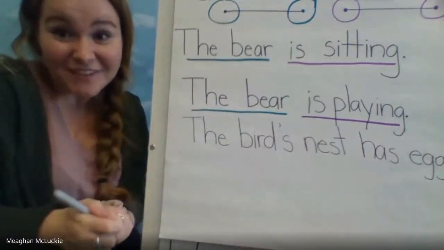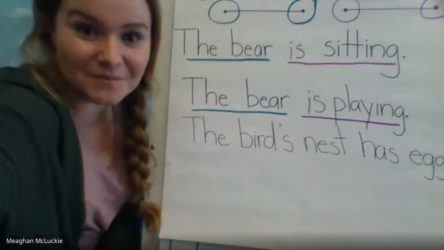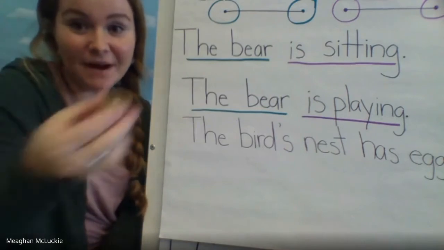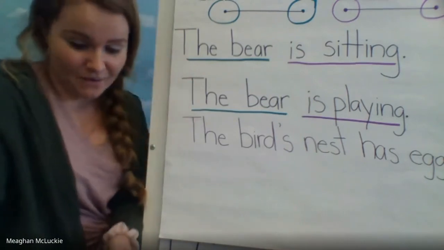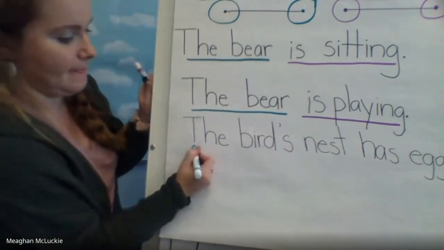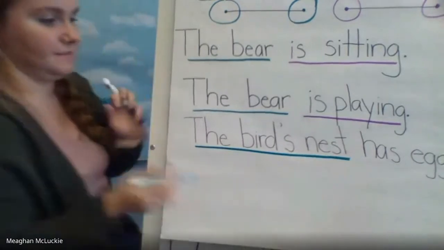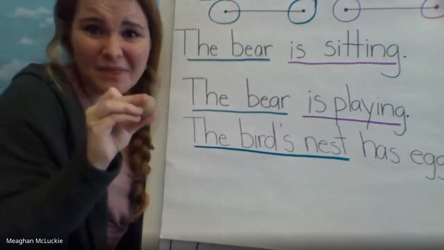All right, now I'm going to show you my naming part and my telling part. My naming part is telling me the who or the what I'm talking about. So I'm talking about the bird's nest. That's what I'm naming, the bird's nest. Now, what am I telling about the bird's nest?